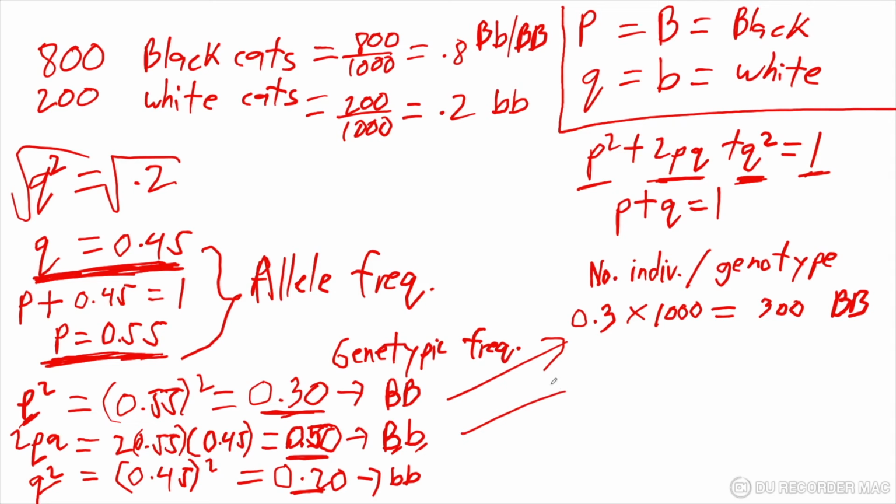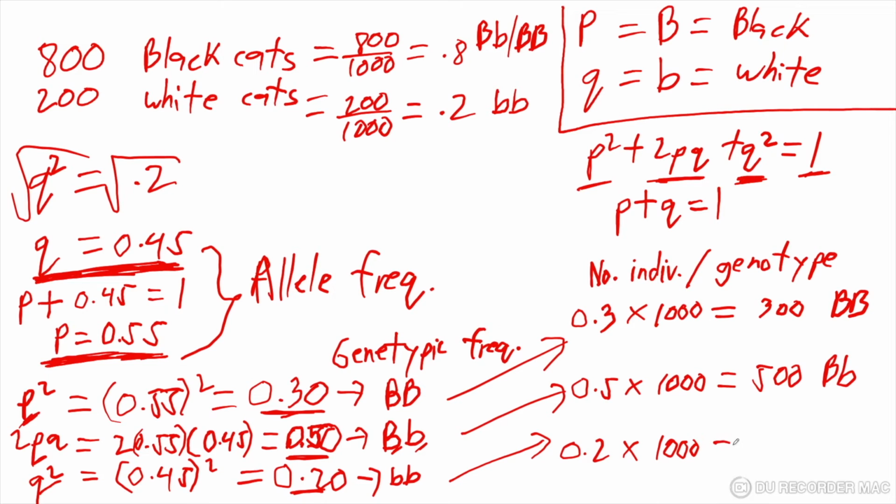For the heterozygous individual, we have 0.5 times 1,000. Again, since this is the total population of those cats, we have 500 heterozygous individuals. And for the last one, we have 0.2 times, again, 1,000 total population. We have 200 with both small letters, the homozygous recessive individuals. So, yes, those are your number of individuals per genotype.